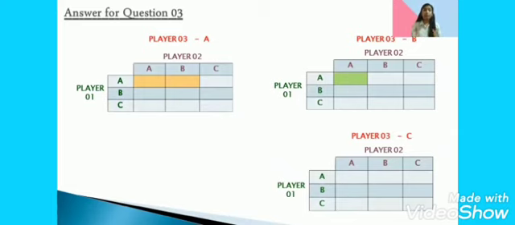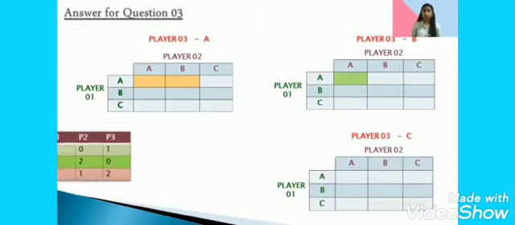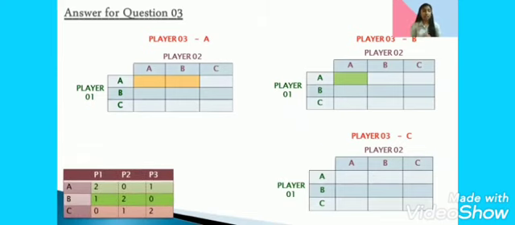Here, I have provided a small payoff table which shows the payoff for each player when each alternative is selected. Let's consider the first situation. When players 1, 2, and 3 vote for A, then A will be selected as the final alternative because of the majority of votes. Then player 1 will get 2, player 2 will get 0, and player 3 will get 1 as their payoff.